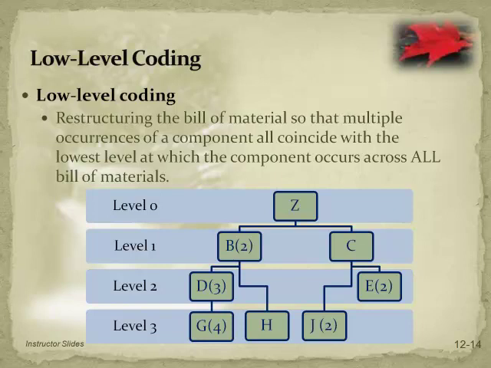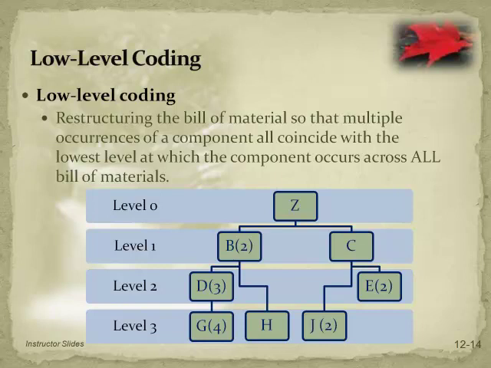So in these 2 slides, the answer to that question is level 3. The low-level code for part E is level 3 because that is the lowest level that it appears on these 2 bill of materials.